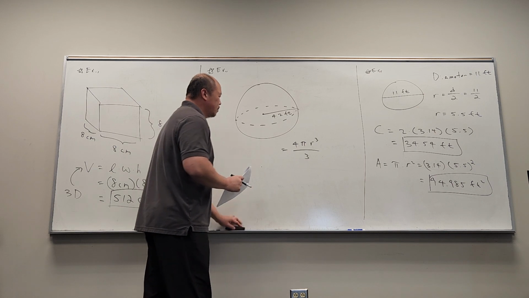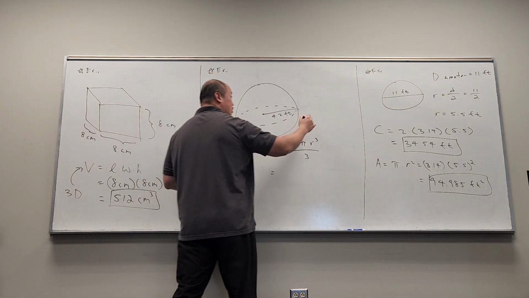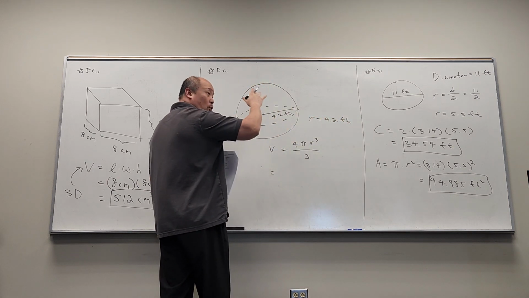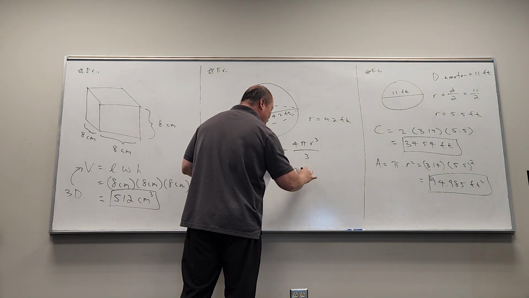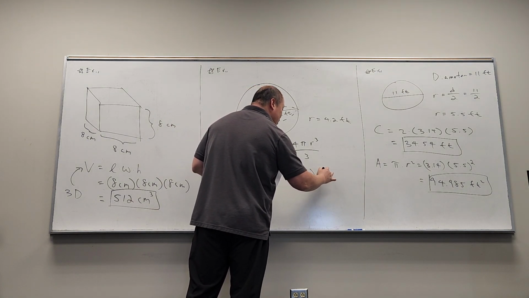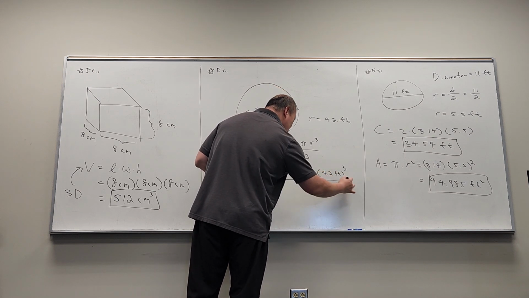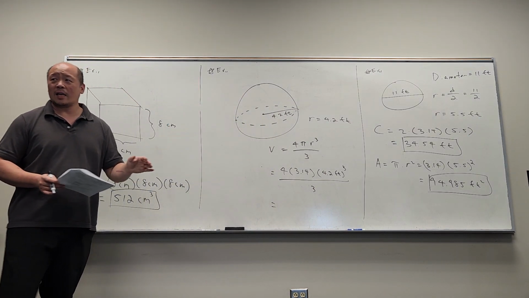So that's the volume. All you gotta do is figure out the radius is 4.2 feet. So just take that information and bring it in. So that's 4 times 3.14 times 4.2 feet to the third power, over 3, right? I would put everything in the calculator if you can.